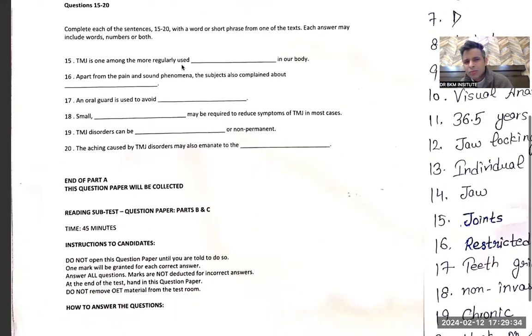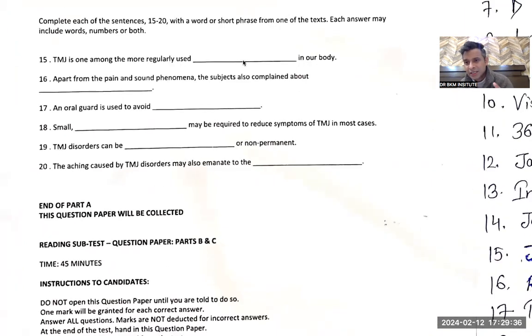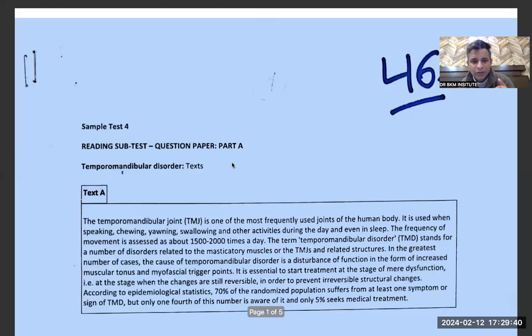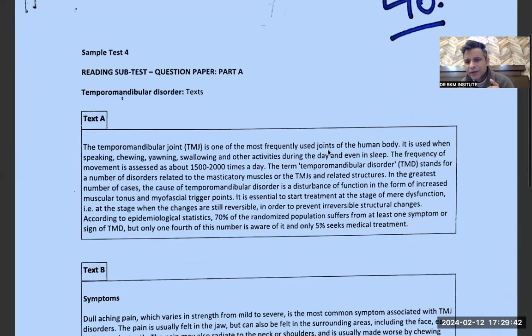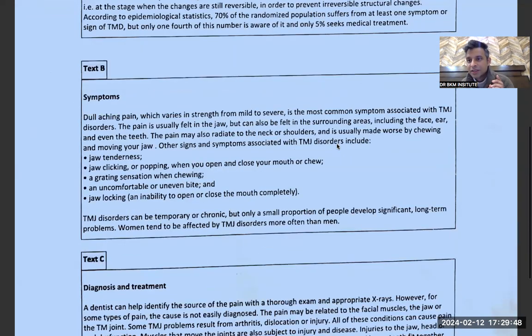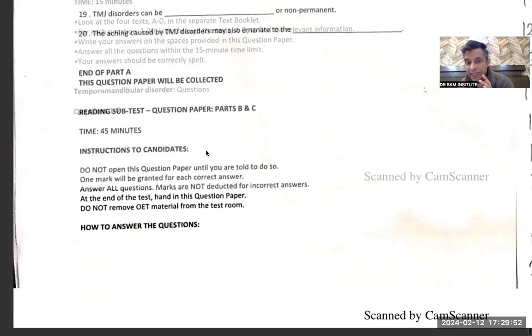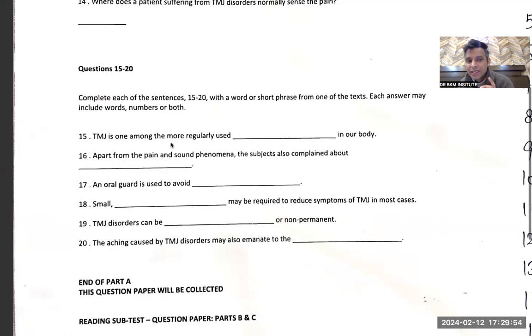So TMJ is one among the more regularly used joints in our body. So more regularly, it should be in A. Regularly used is one of the most frequently used joints. Anyhow, I was trying to do joints. But I have to see whether joints, I have to take care of the S as well. TMJ is one among the regularly used joints.